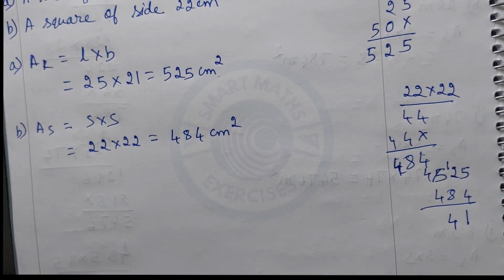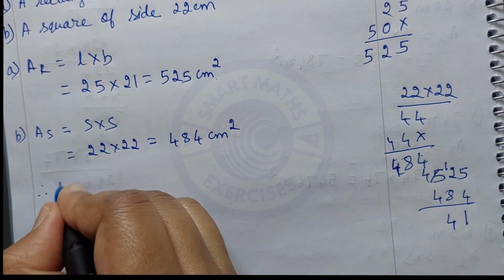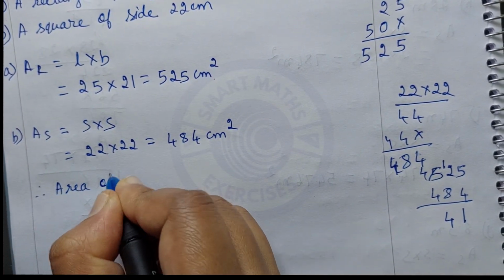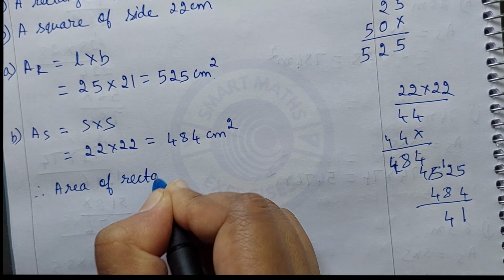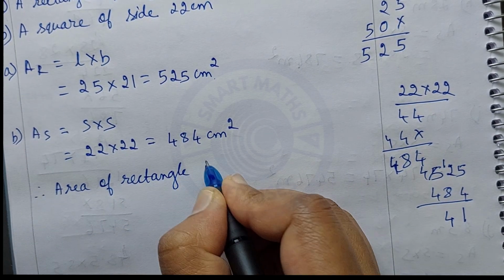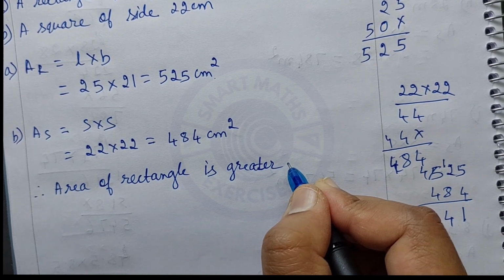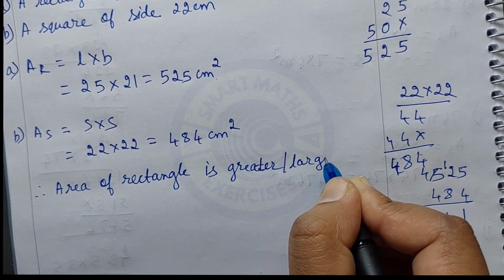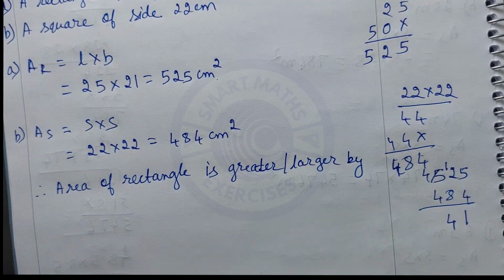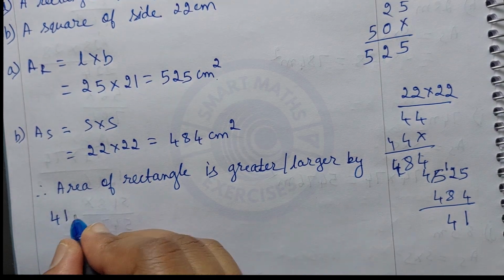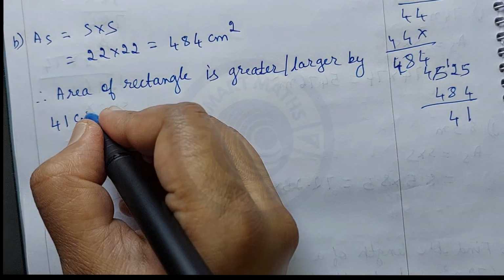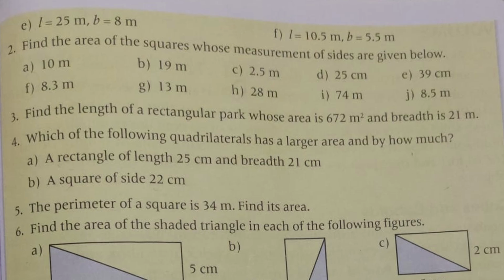So 41. Therefore, area of rectangle is greater or larger by 41 centimeter square.